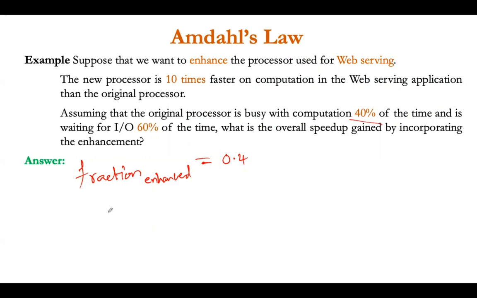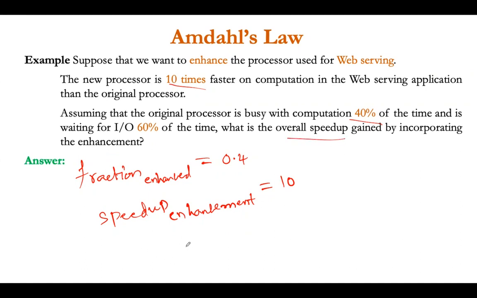And then the speedup of enhancement, which is given to us, is 10 times, the new processor speeds up 10 times. Then your overall speedup can be calculated.